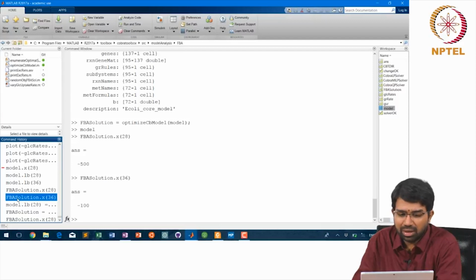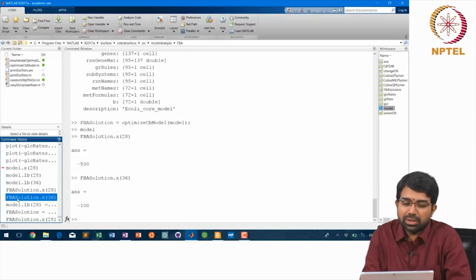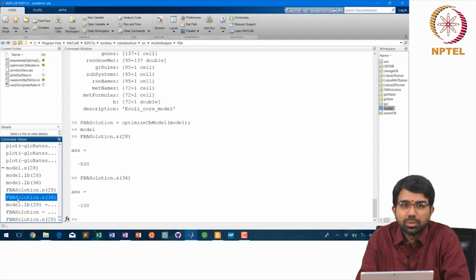So I don't see why the cell is actually taking up 500 of glucose now. 500 was the LB we gave it, but that needn't be the glucose uptake rate, simply because it is going to be oxygen limited now.